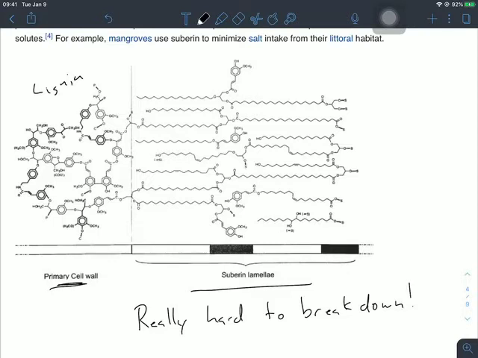And you, as a human being, know this to be true. Lignin and suberin are difficult to break down. Do you eat the rind of a melon? Do you eat wood? You don't. These things don't get broken down very easily. This will play a huge role when we discuss our breakdown of woods later, since we've discussed secondary growth already.